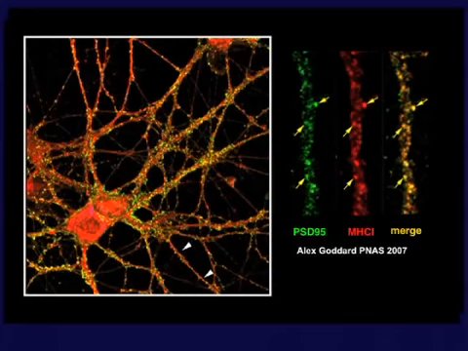When we co-immunostain with a marker for the postsynaptic density, we see a lot of co-localization, probably at spines. So MHC class 1 seems to be expressed in these neurons in culture, in both the cell body and the dendrites, and probably in spines, maybe at synapses.